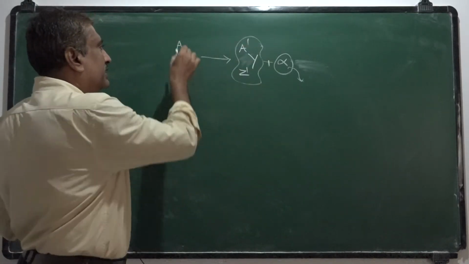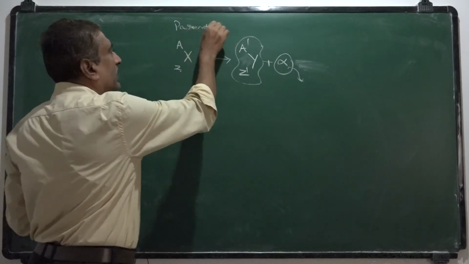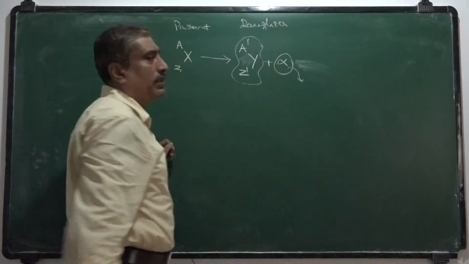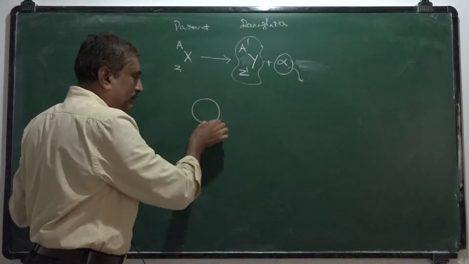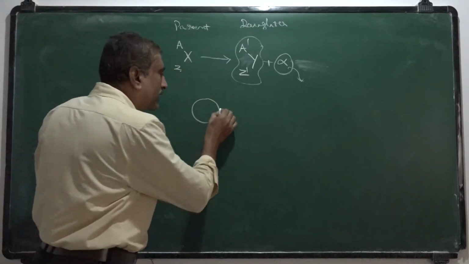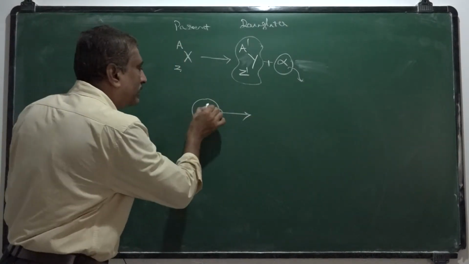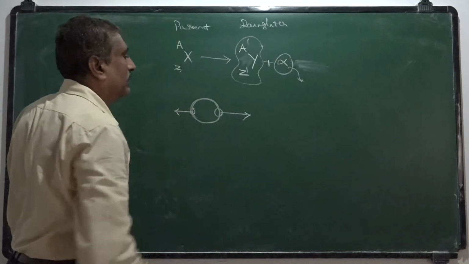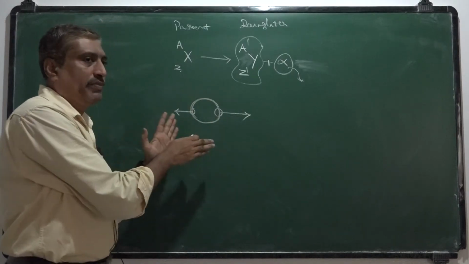Actually, this is the parent nucleus and this is the daughter nucleus. Initially this parent nucleus is at rest. Now from this an alpha particle is emitted, so that the remaining nucleus will recoil, because initially the momentum of the system is 0.